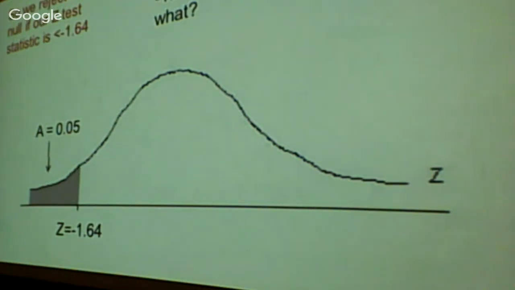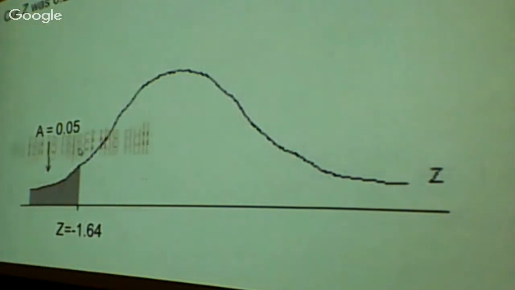So our z is 6.21, which means that our sample came from way over here, 6.21 z's from the mean. But our rejection level is down here. So that means our sample is actually well within the zone where we don't reject. We can't say that our sample represents a scenario in which we reject the null. Therefore, we fail to reject the null.